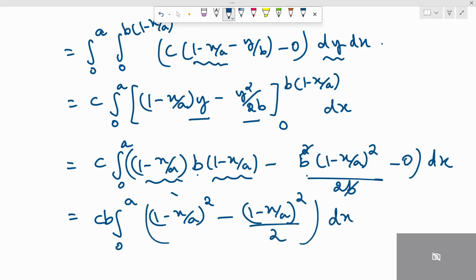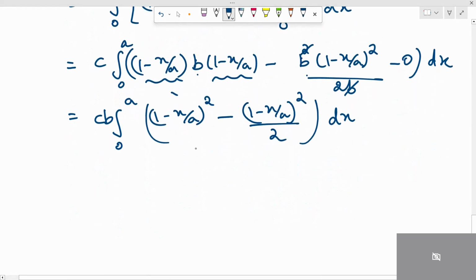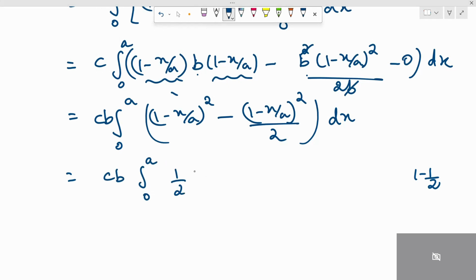Okay, now simplify this equation, which is in the form of 1 minus 1 by 2, 1 minus x by a whole square one time minus half 1 minus x by a whole square. 1 minus half will be half, so cb into integral 0 to a 1 by 2 into 1 minus x by a whole square into dx.